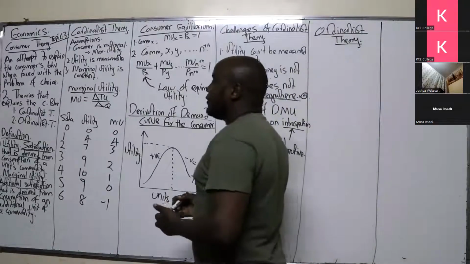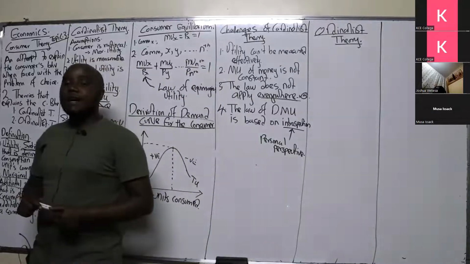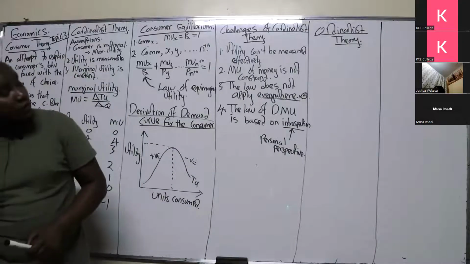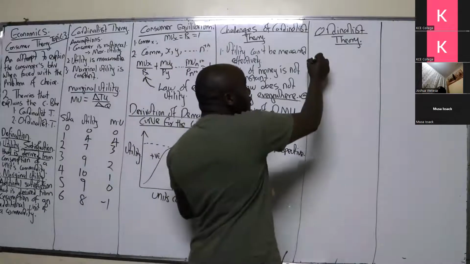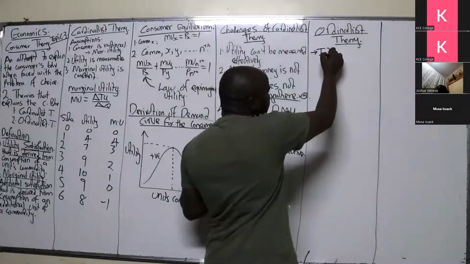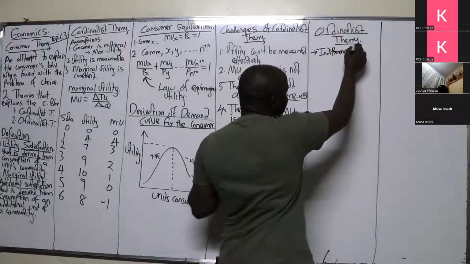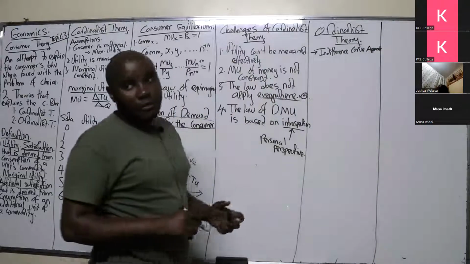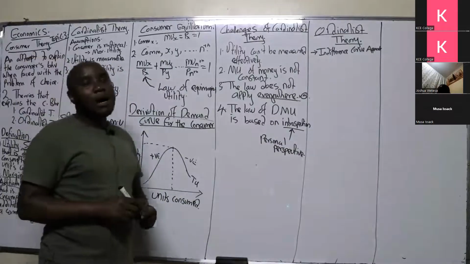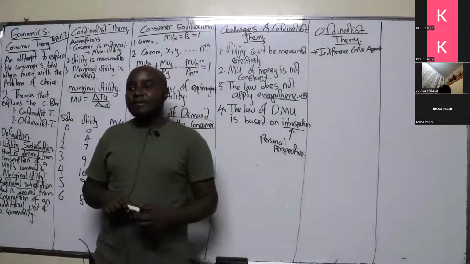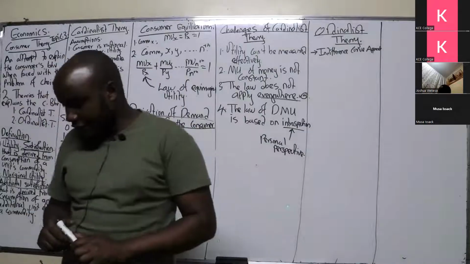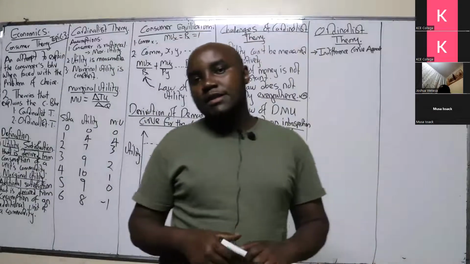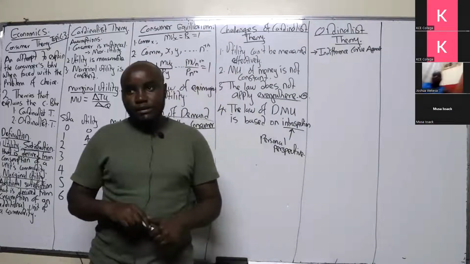Here we shall be using the indifference curve. Another name for the ordinalist theory is the indifference curve approach. An indifference curve is generally a locus of points showing combinations of two commodities bringing similar satisfaction.